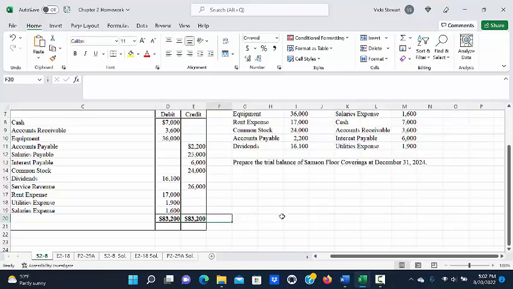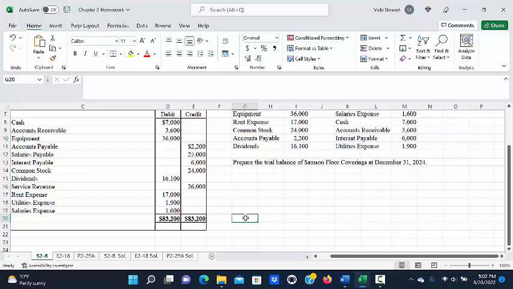Now, when you're working your own problem and you get down to the end and they don't equal, what do you do? Well, the first thing to look at is whether you have put an account in the wrong column. So just glance up through all your accounts and see, do I have them all in the right column? The next thing I would look at is, did I type in one of the amounts wrong? Because it's very easy to do. So those are the things you can do to find your errors.